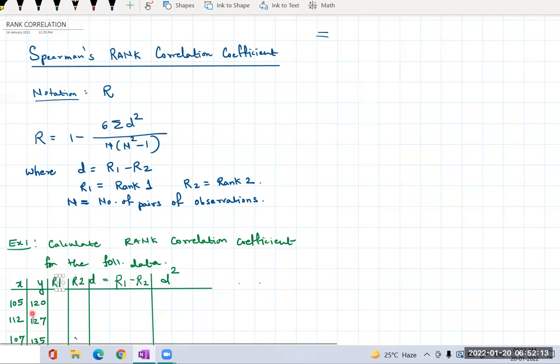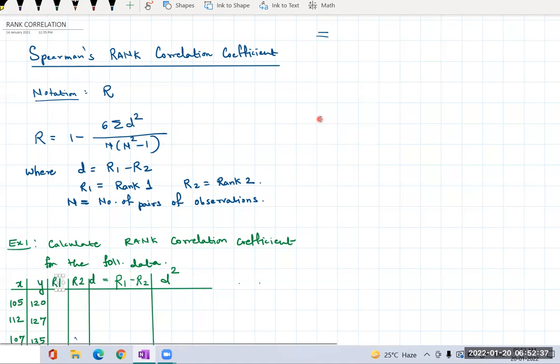And here also X and Y pairs are given to you, but the question says clearly that the rank correlation coefficient is to be calculated. So remember what is asked, whether Pearson's correlation coefficient, that is small r, or rank correlation coefficient, that is capital R. Accordingly, the steps will change.